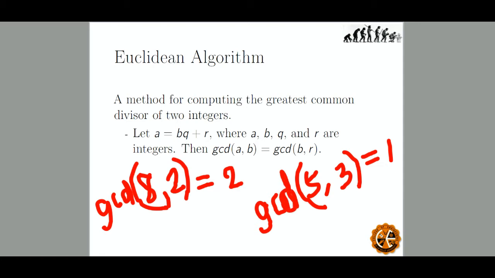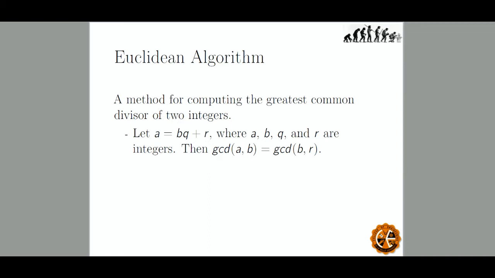So the Euclidean algorithm will simply repeatedly apply the division algorithm, where A is the dividend and B is the divisor, Q will be the quotient, and R is the remainder.